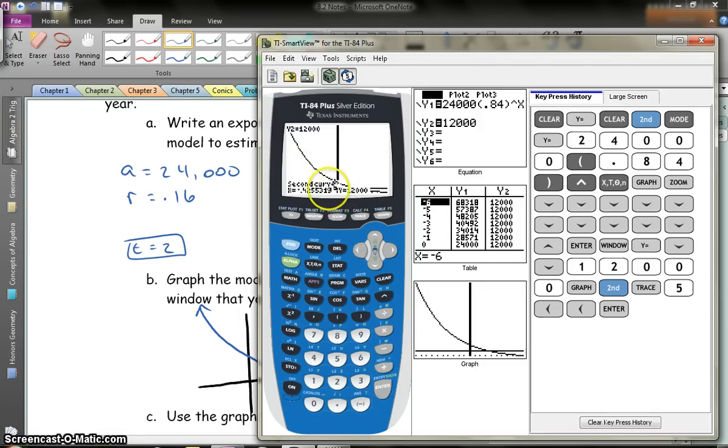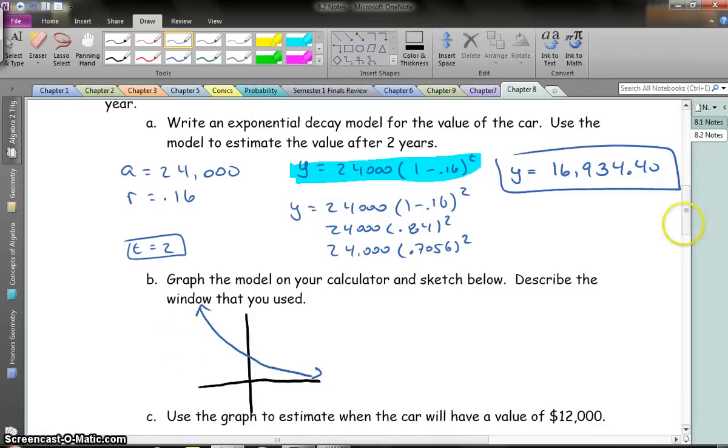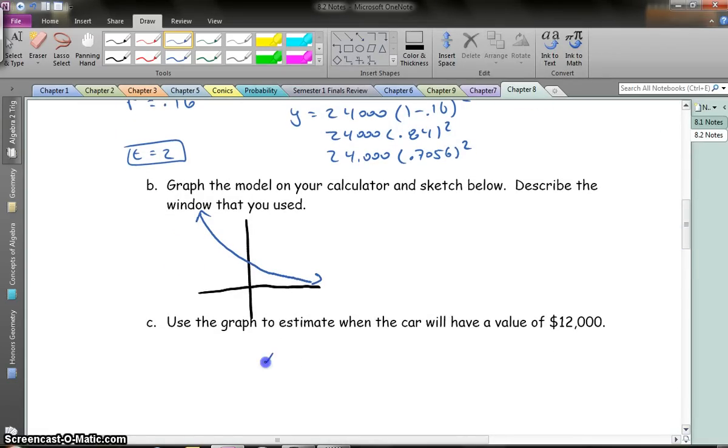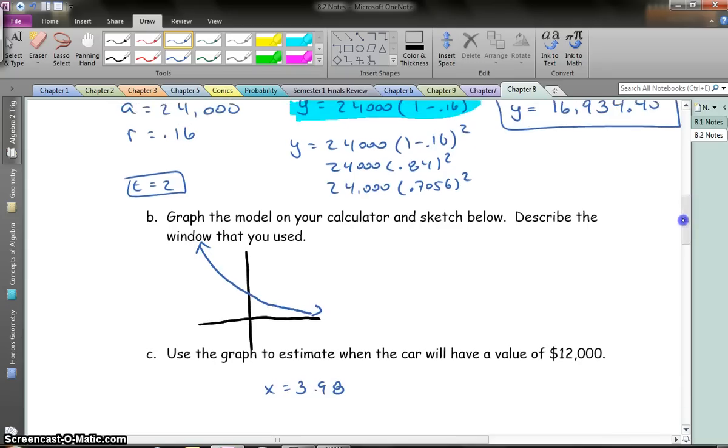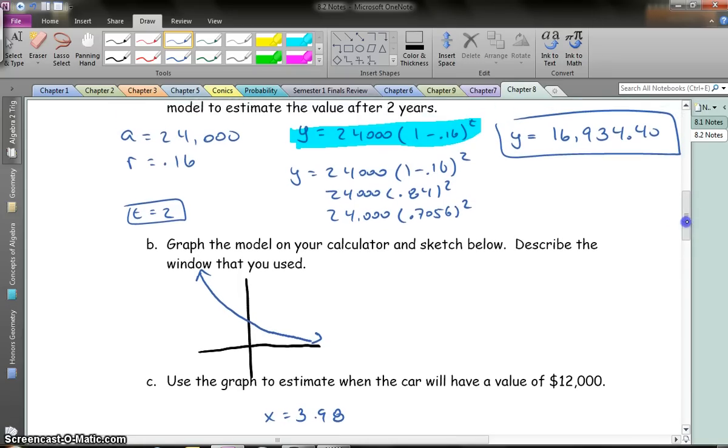Spidey jumps to the other, my horizontal line down there, enter. And then we don't need to guess. And it brings us to 3.975, 12,000. So when y is 12,000, x is 3.98. And in my function, x is my t value.